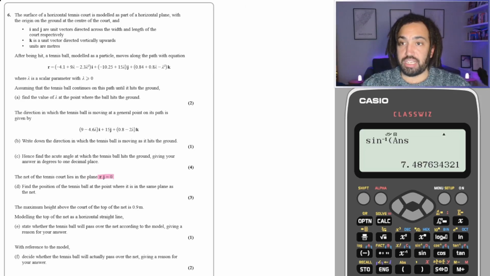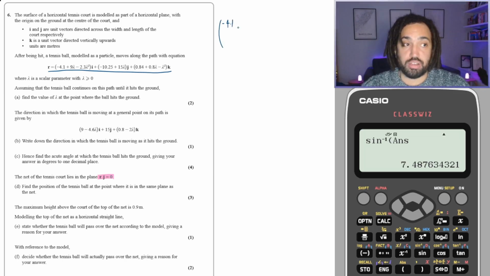Okay, next question, and it says that the net is in the plane r dot j is equal to 0, and we want to work out the position of the tennis ball at the point when it is in the same plane as the net. So let's substitute the position vector r into the plane which we've just found, and that will tell us what lambda value the ball has when it is in contact with the net.